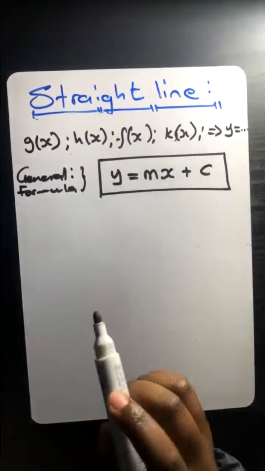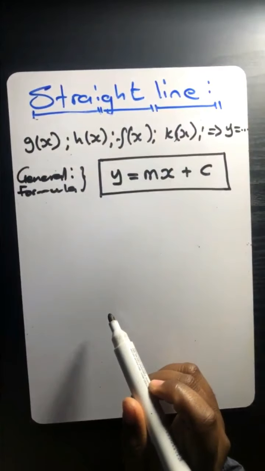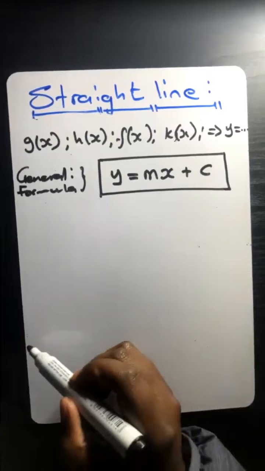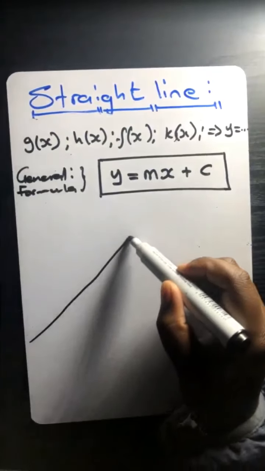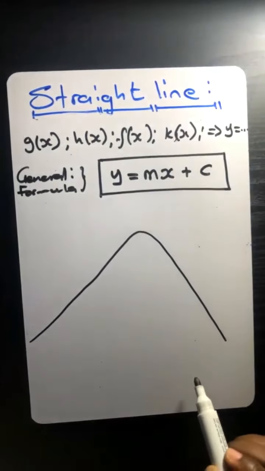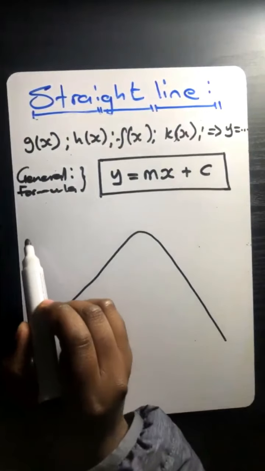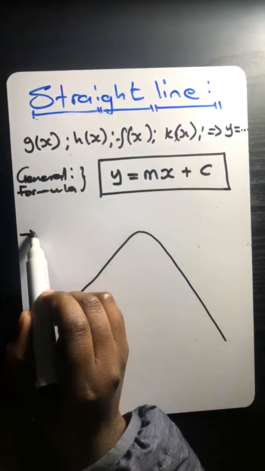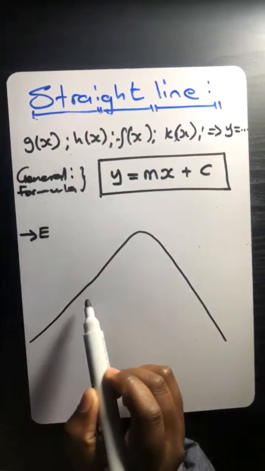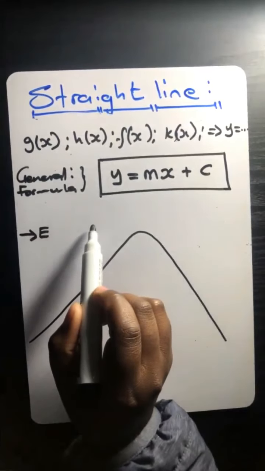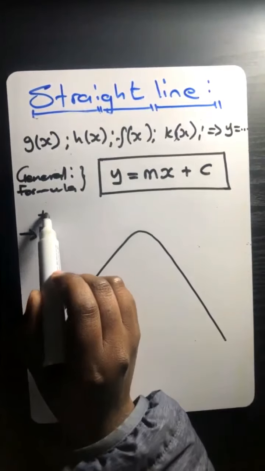For you not to forget in terms of the slope being negative or positive, just think of a mountain, guys. Think of yourself walking from this side towards the east. We know very well that towards the east, normally on a Cartesian plane, east is taken as positive.